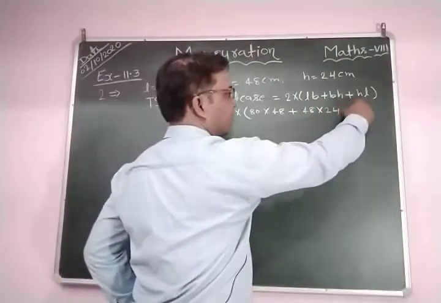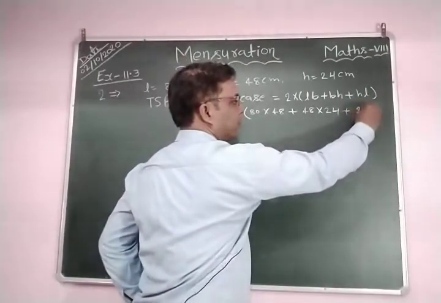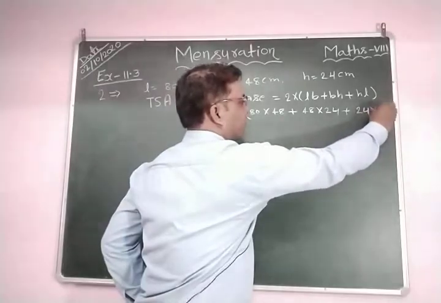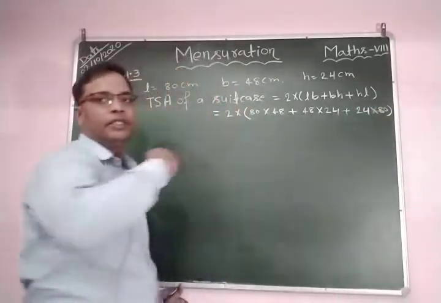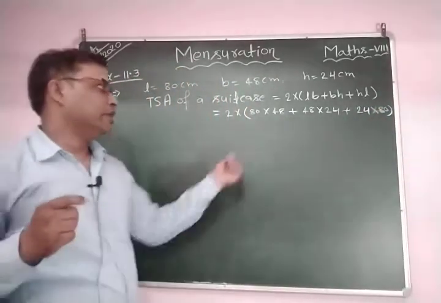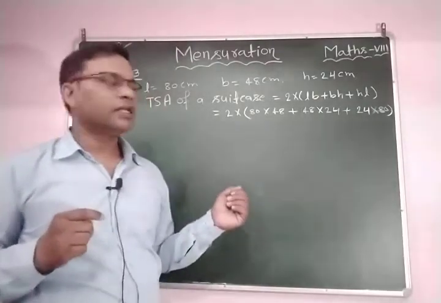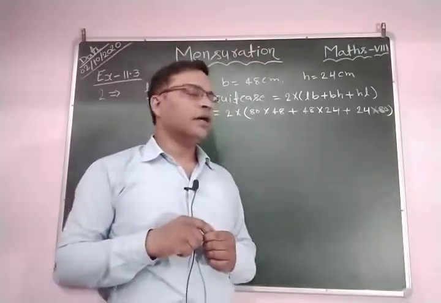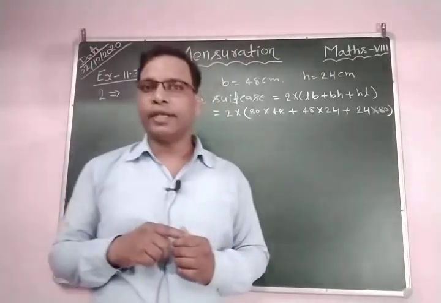Plus next H into L, height is 24 centimeter into length 80 centimeter. This is given. Now we multiply this: length 80 into 48 plus 48 into 24 plus 24 into 80.